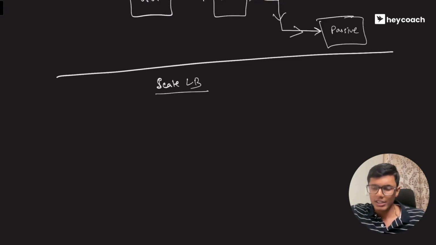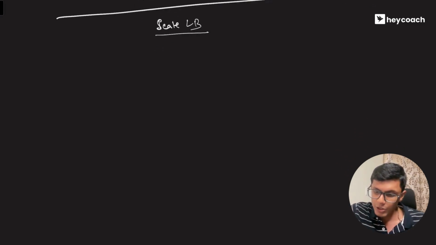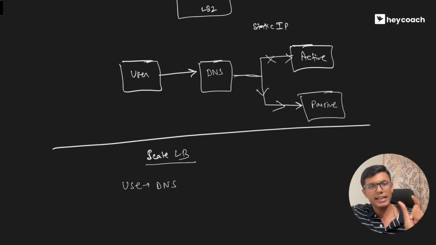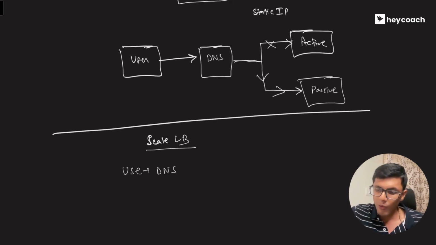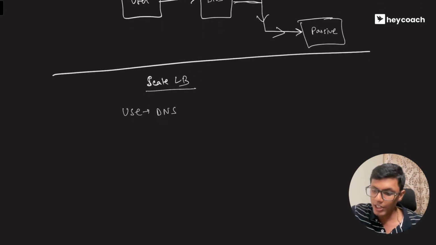We can also use DNS, because DNS is saying that if this is the IP address, I'll forward the request here, and if this is the IP address, I'll forward the request there, because it knows what the machine is. So what if we start using DNS round robin?